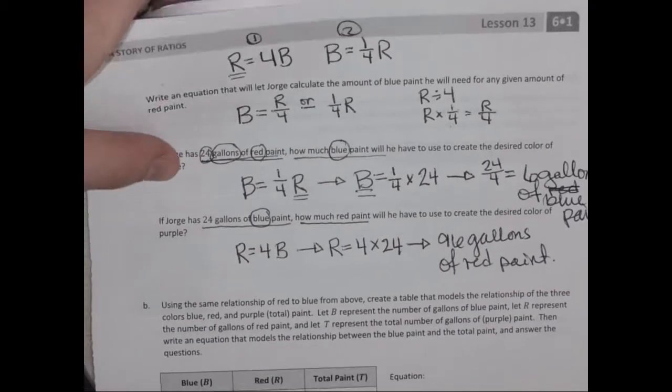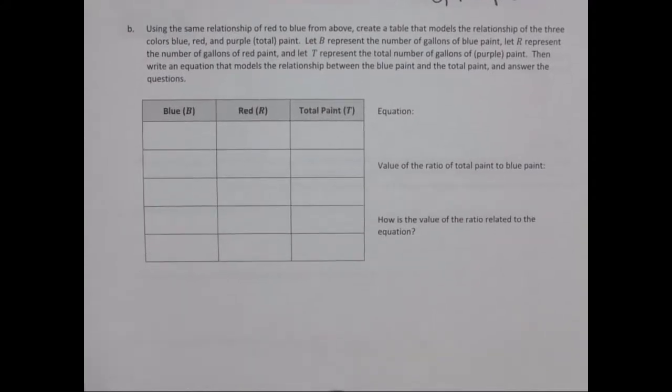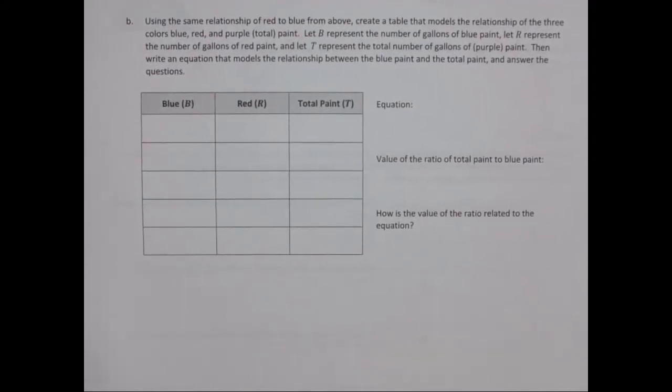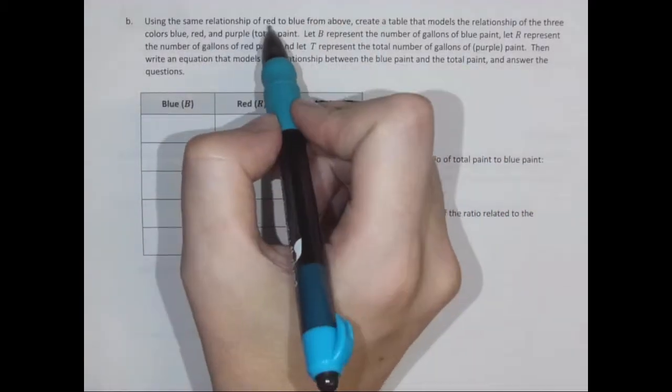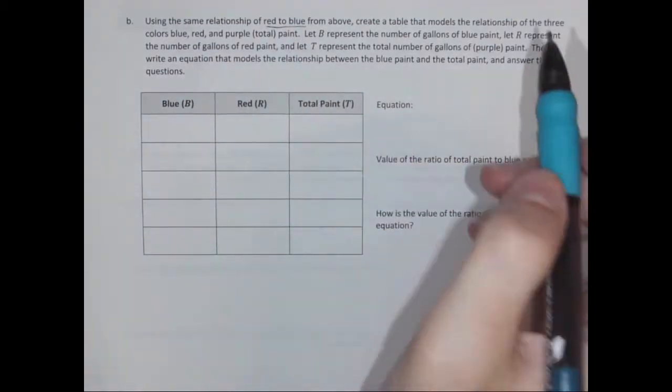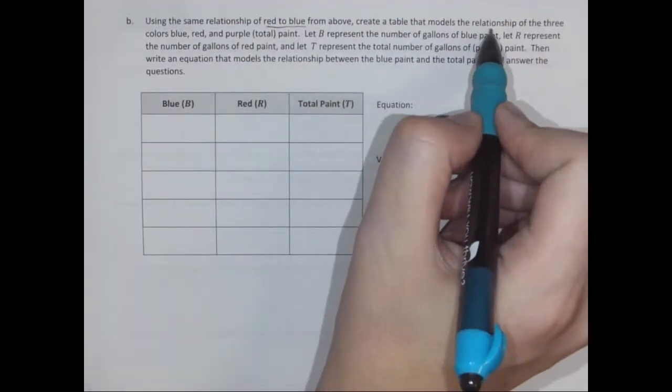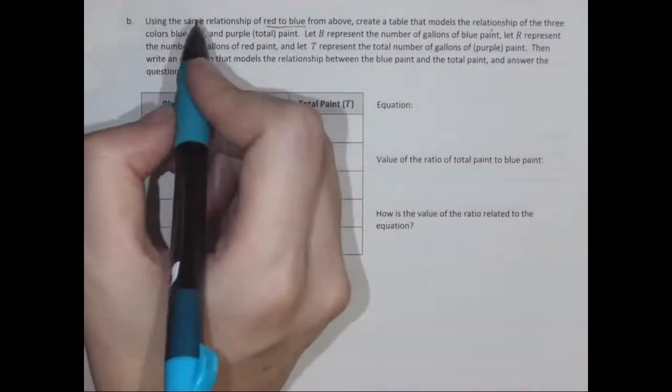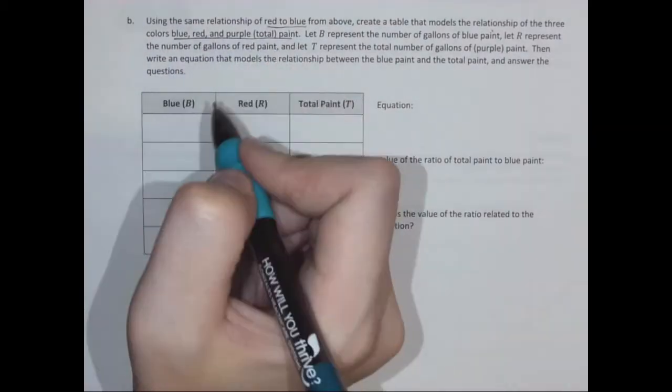Okay, second part of this question. It looks like a doozy too, right? It's big. It's all right. We know how to pick out what we need. Okay. Using the same relationship of red to blue from above, create a table that models the relationship of 3 colors, blue, red, and purple total paint.